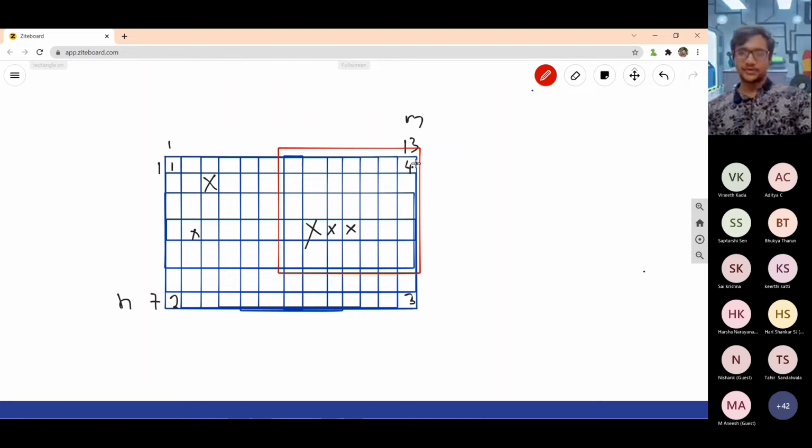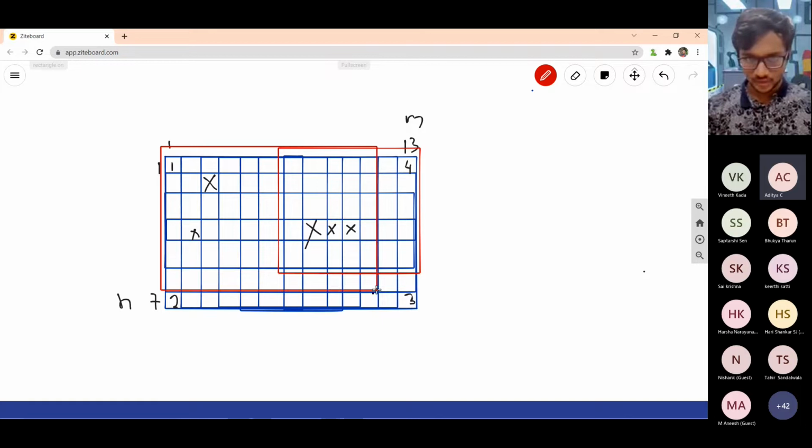So basically, a 4-coin operation would take a subrectangle like this and flip the color of all its cells. To do that, we can just use 2 times 1. First you would change this and then that one.